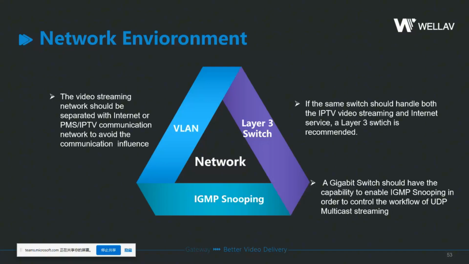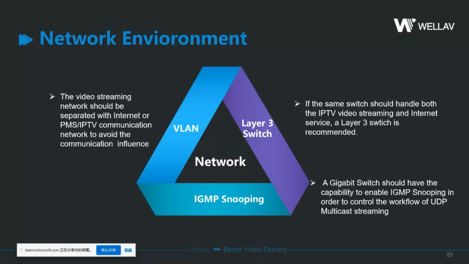Typically, for networks, the hotel has to provide both internet service and IPTV service. In that case, a layer 3 switch is recommended. The benefit of a layer 3 switch is that it can do data stream control.